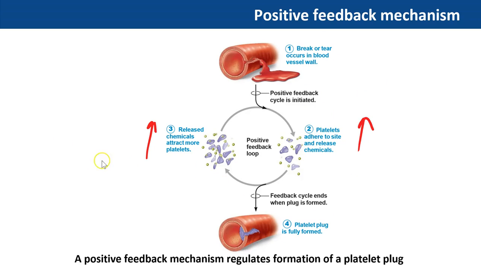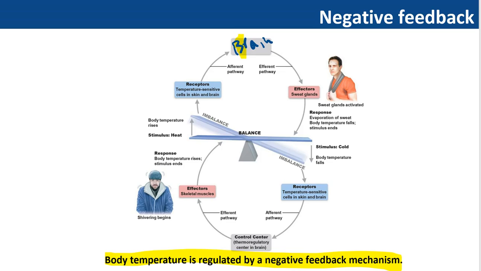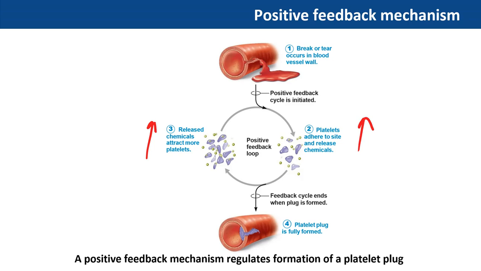As you can see, in contrast to the negative feedback mechanism, in which we had increasing body temperature as the stimulus and the response was decreasing body temperature, or when we had decreasing body temperature as a stimulus, the result was increasing body temperature. But here in the positive feedback mechanism, both the stimulus and the response are going in the same direction.